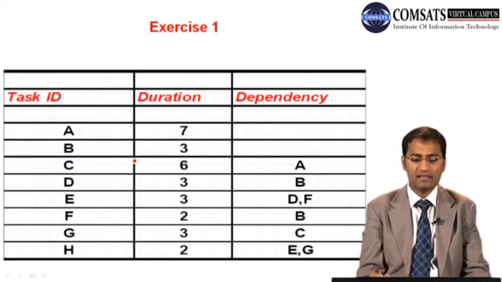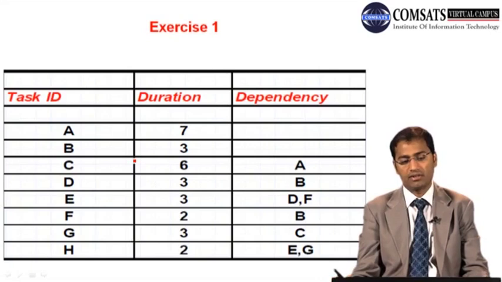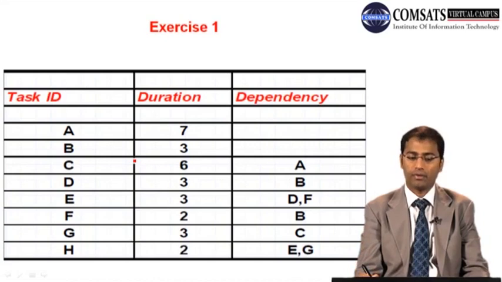Okay, let's have this example, and we will be doing this with the activity on arrow type of method. Okay, so the first step is to draw a very good network diagram. So A and B are dependent on nothing.